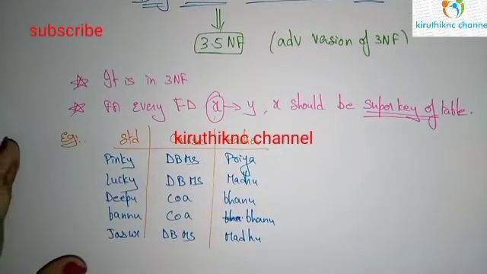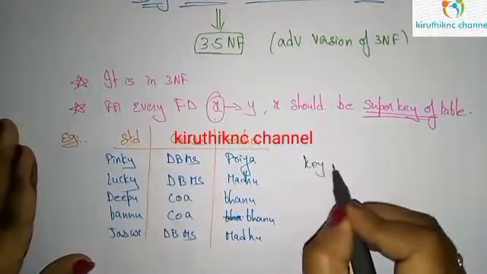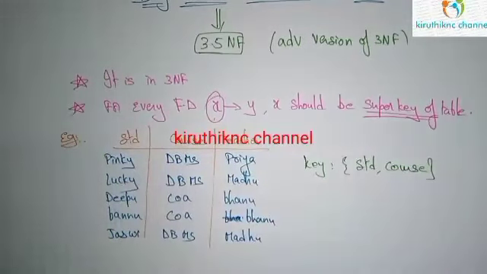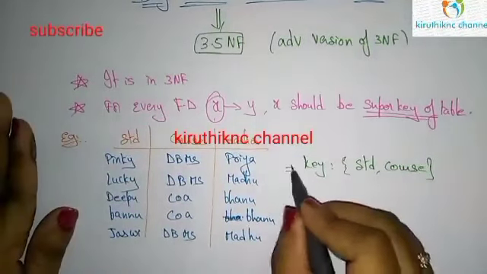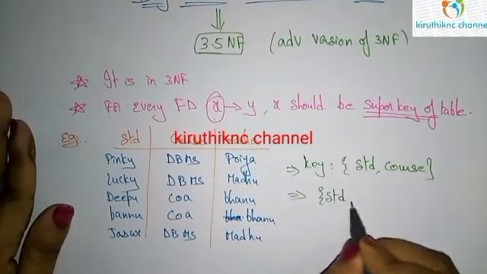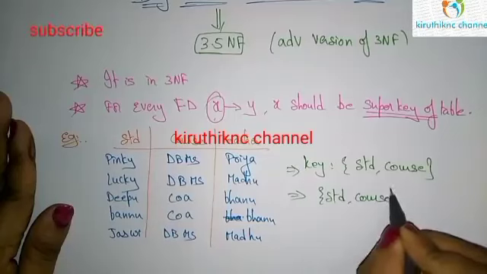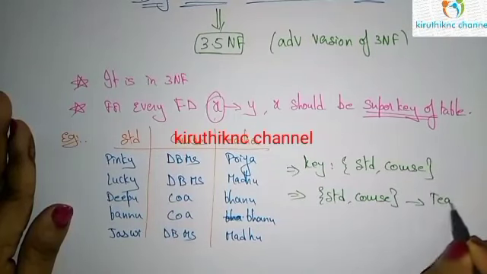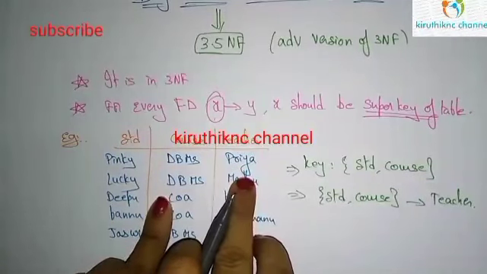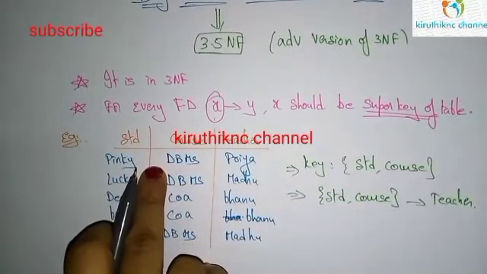In this table, the keys are student and course, both are keys. And the functional dependency is student, course determines the teacher, because teacher is a non-key attribute that is fully functionally dependent on the key attributes.